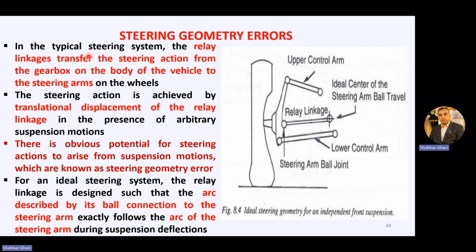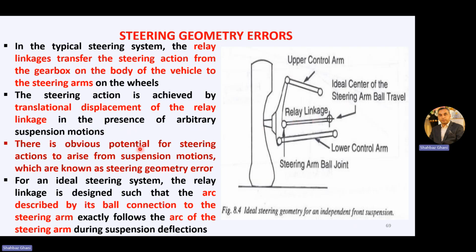In a typical steering system, the relay linkage transfers the steering action from the gearbox on the body of the vehicle to the steering arm on the wheel. All the movement from the steering gear comes to this point. The steering action is achieved by translational displacement of the relay linkage in the presence of arbitrary suspension motion.